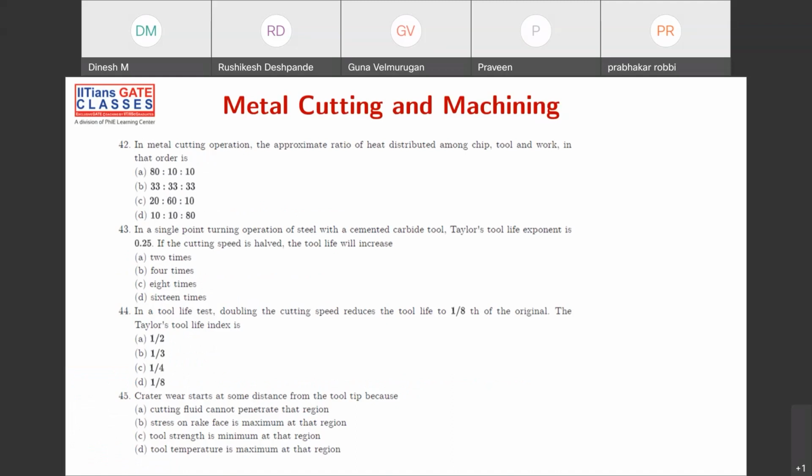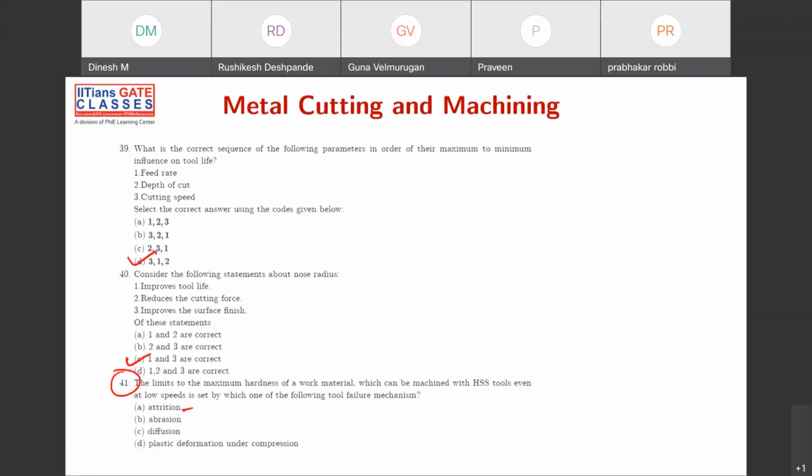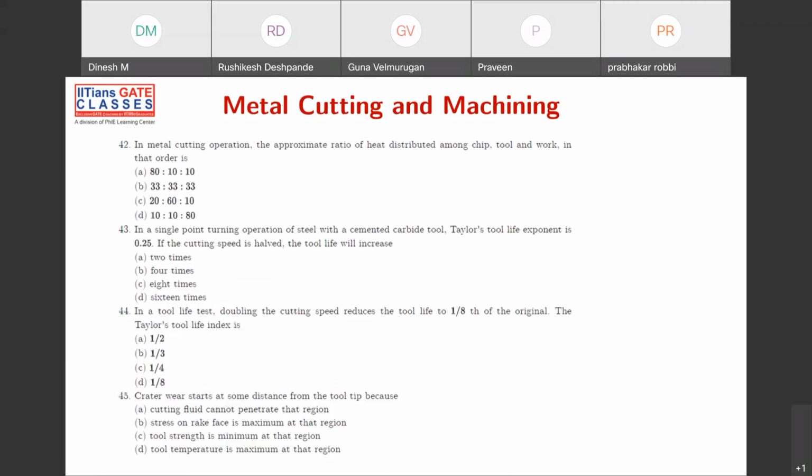Built up edge. Why is built up edge coming, Rishikesh? You're telling about the previous one, right? Tell me the 42nd one. Any other answers? Anyone?